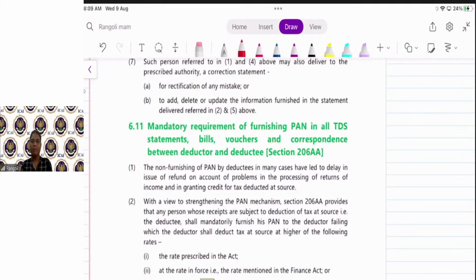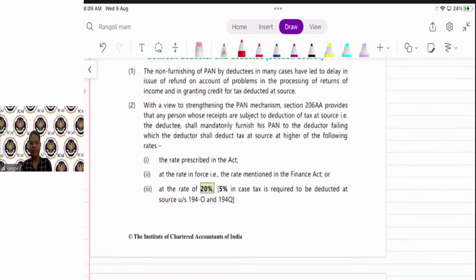If PAN is not provided, then TDS is required to be deducted at the higher rate, that is, the rate prescribed in the Act, the rate in force, that is the rate mentioned in the Finance Act, or 20%. 5% in case of 194O, that is e-commerce operator, and 194Q in case of purchase of goods, instead of 20%, whichever is higher.